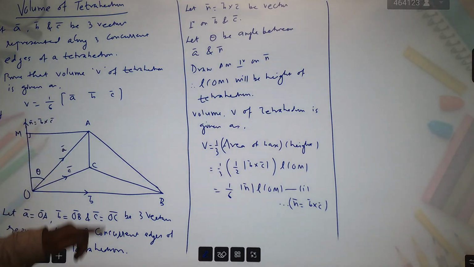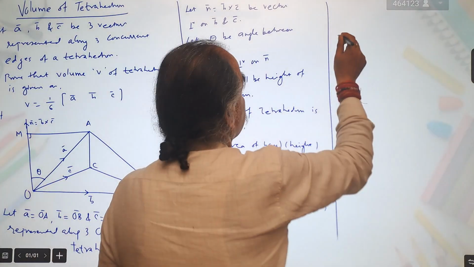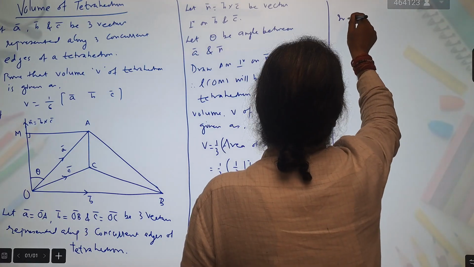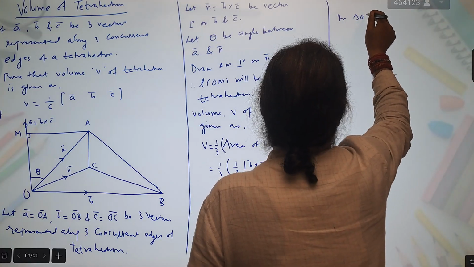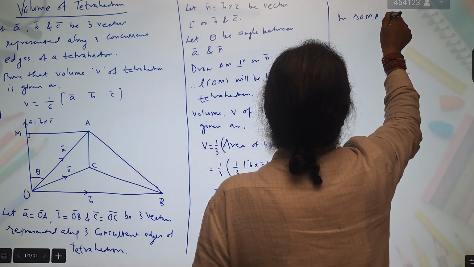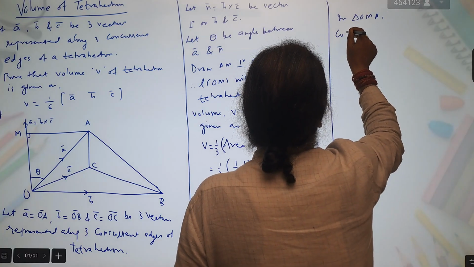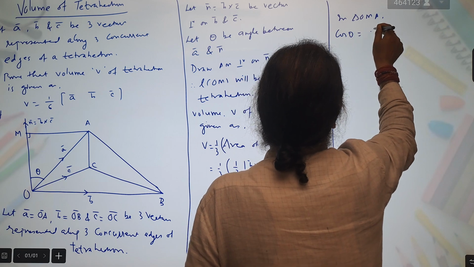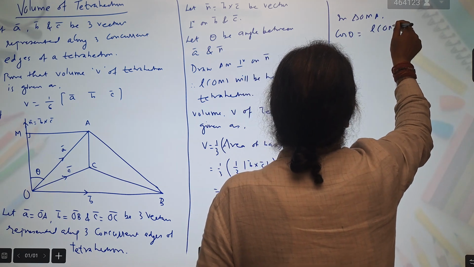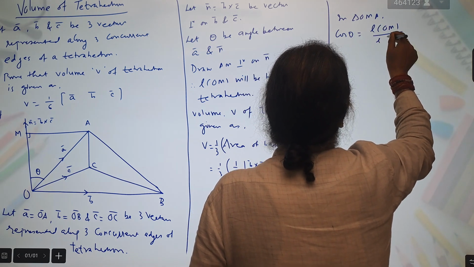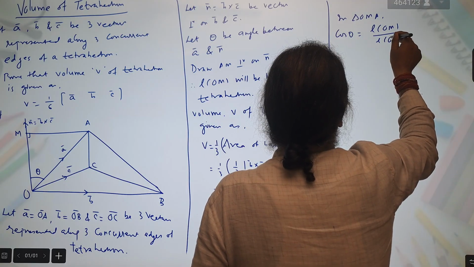In triangle OMA, cos theta is equal to length OM upon length OA.